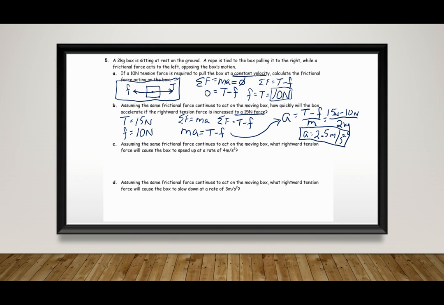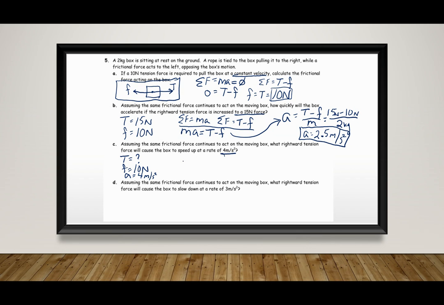Okay. The next question says, assuming the same frictional force continues to act on the box, what rightward tension force must be applied to make it go at an acceleration of 4 meters per second squared? So 4 meters per second squared is what we're given. Tension is our question mark. Friction is 10 newtons. And acceleration is 4 meters per second squared. Since we're using the same system of equations, I'm not going to rewrite it.